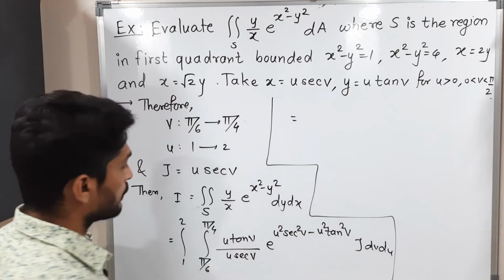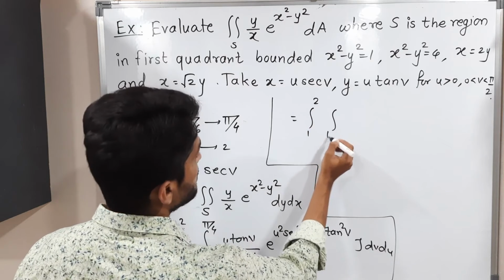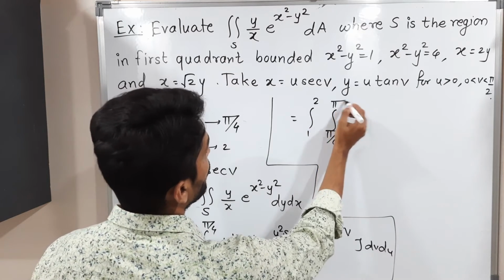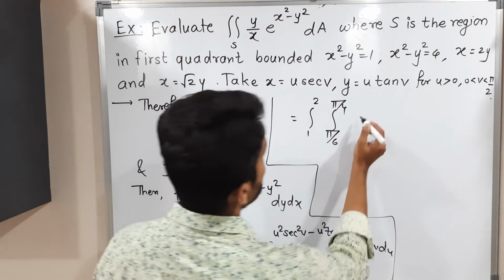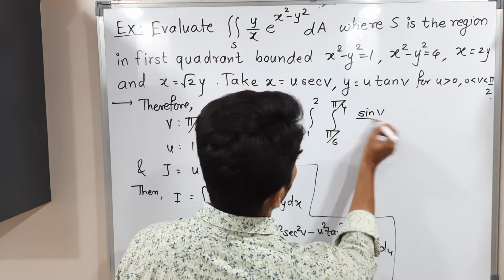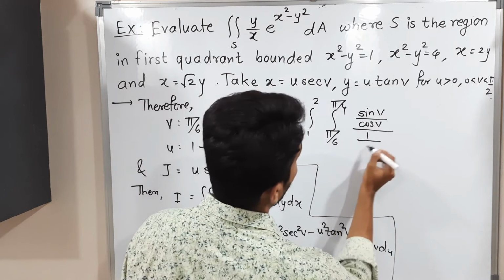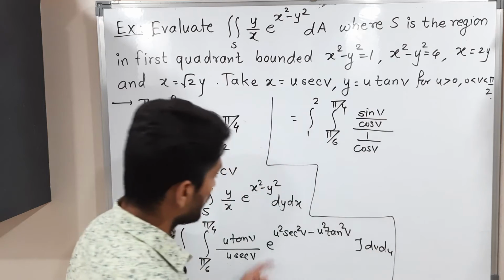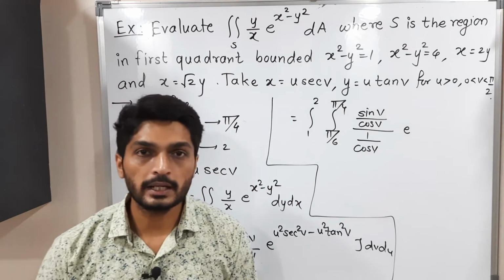So this is equal to u. Okay, I will write it first. 1 to 2, limits pi by 6 to pi by 4. Okay, so u will get cancelled here. Tan means you know that sin v upon cos v. Okay, and sec means 1 upon cos v, right? E raised to. See, in power we can take u square common.